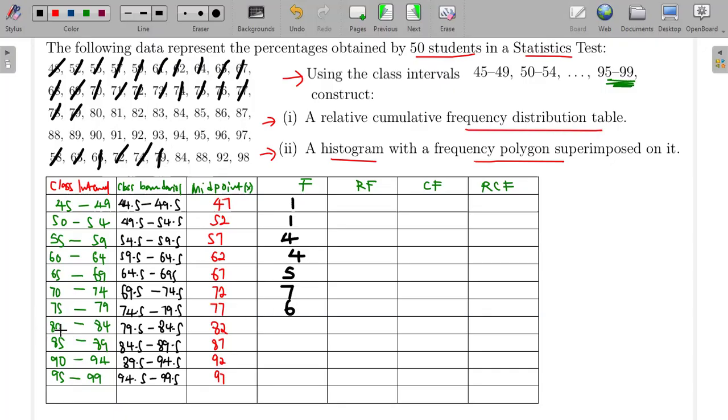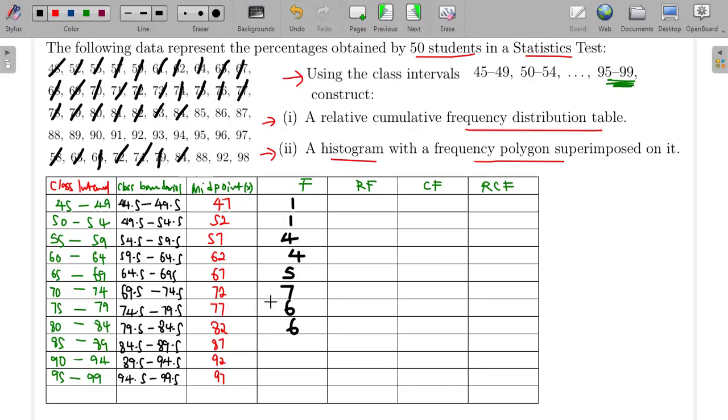Between 80 and 84, how many am I going to find? That is 1, 2, 3, 4, 5, 6. So I get 6.